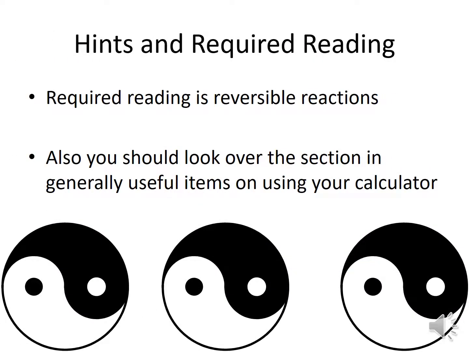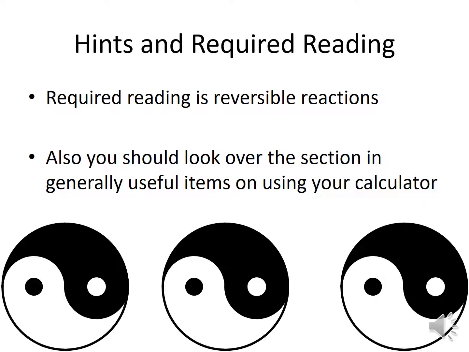Now there is a required reading on Cobra about equilibrium. That is an extra reading, because the textbook does not go into equilibrium. This is an extra reading that you should read from Cobra.